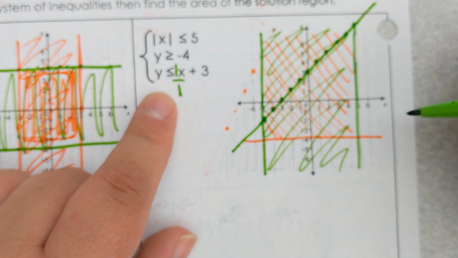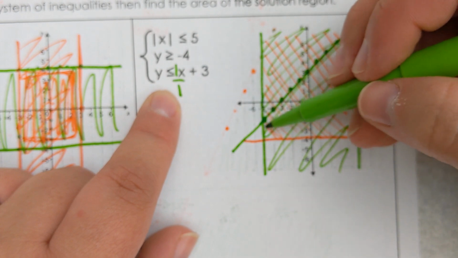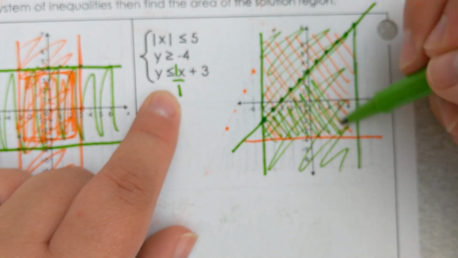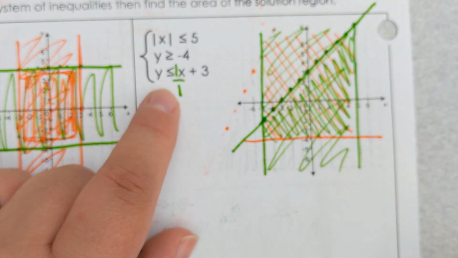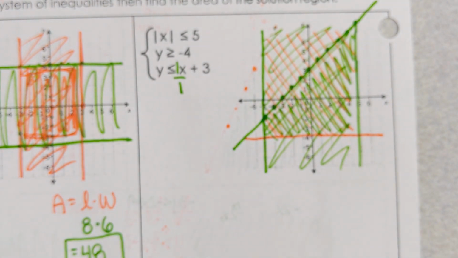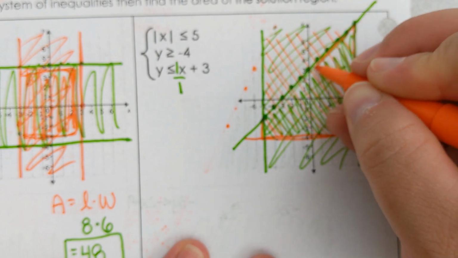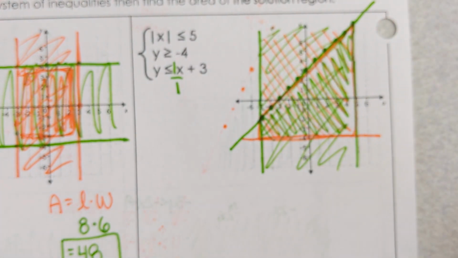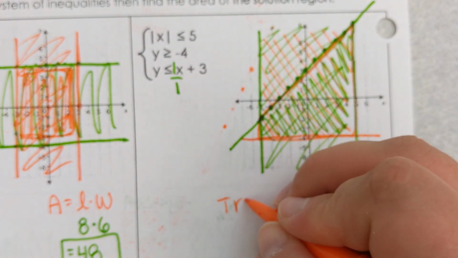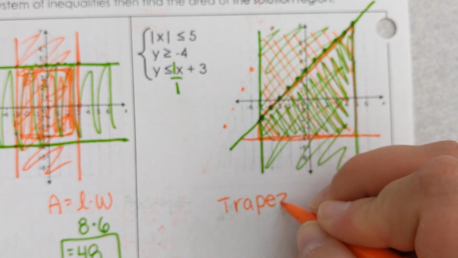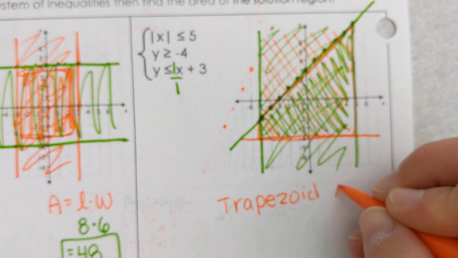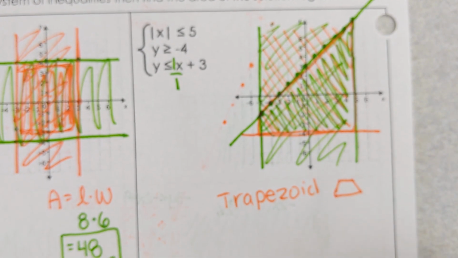And then I said I needed to shade below, right? Okay, now the question is, do you know what shape this is? It looks a little funky, but this is a trapezoid. Normally they look something more like that.